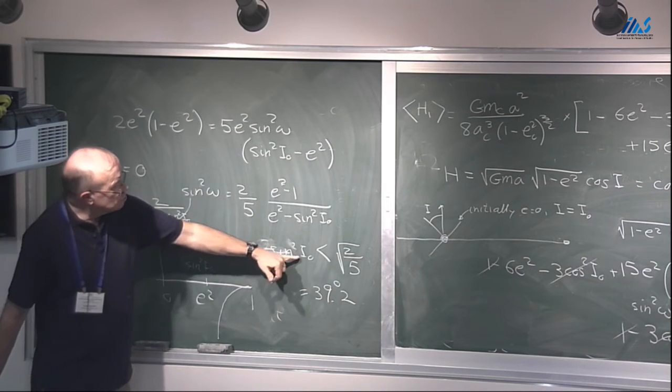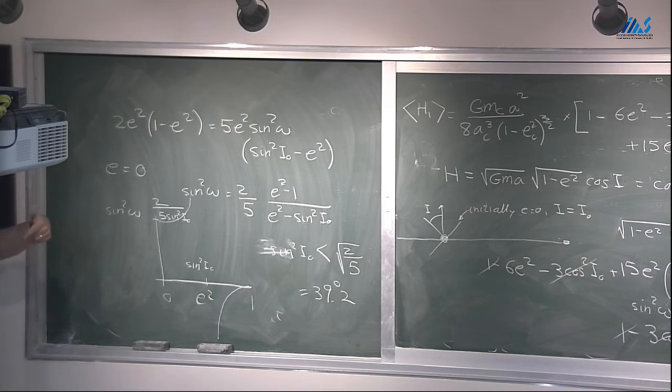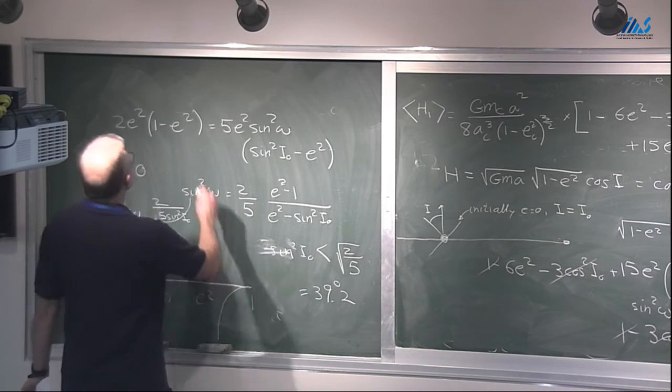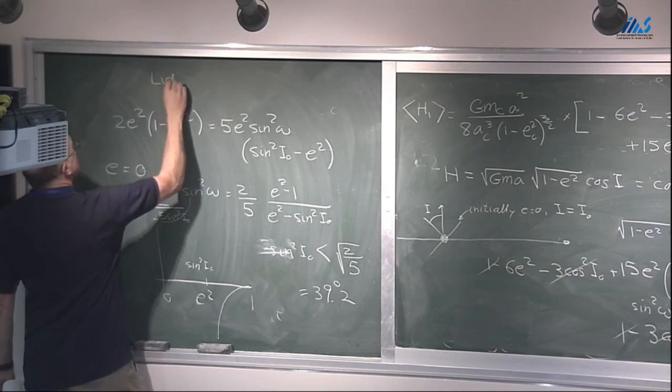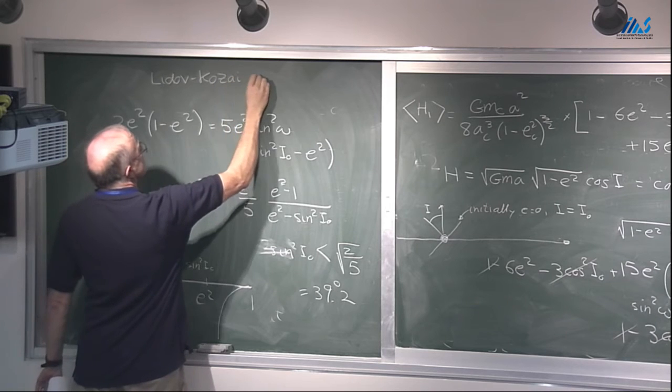If the inclination is bigger than this, there are other solutions, and the planet has the opportunity to oscillate in eccentricity. And these oscillations, well, I call these oscillations Lidov-Kozai oscillations.